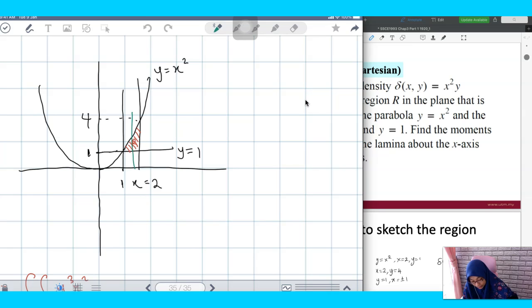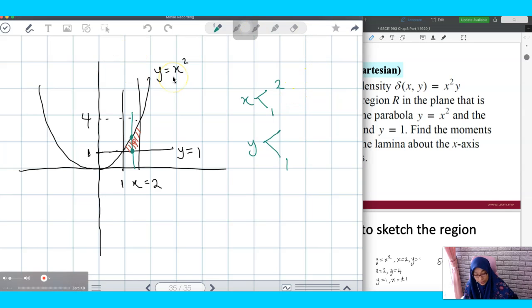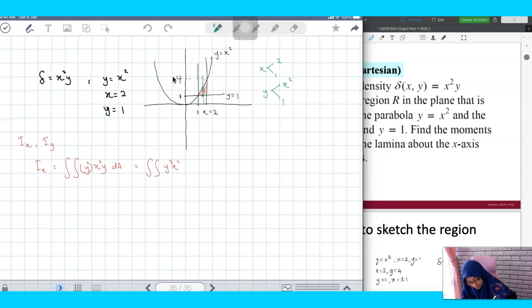Then x lies between 1 and 2, and y has a lower bound and an upper bound. The lower bound is y equal to 1 and the upper bound is part of the quadratic, y equal to x squared. So I have dy dx, with x from 1 to 2.